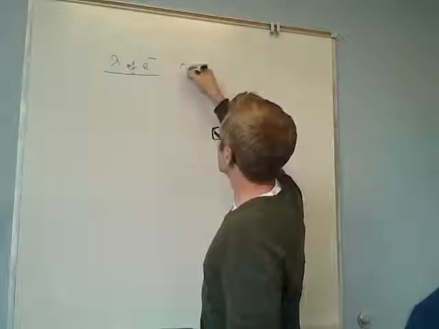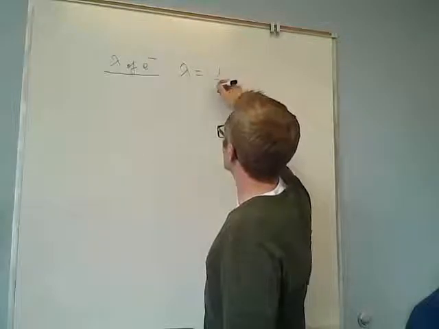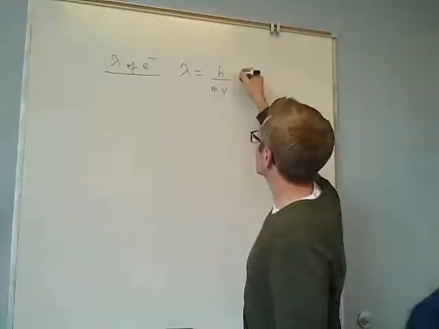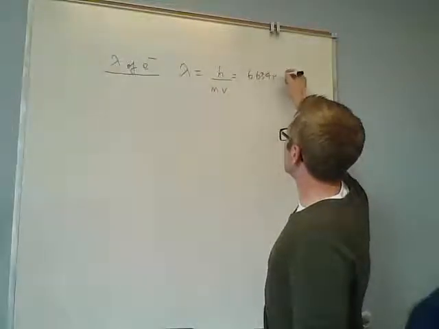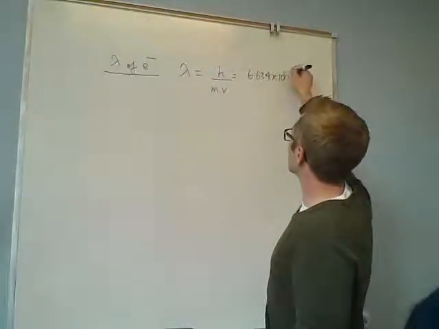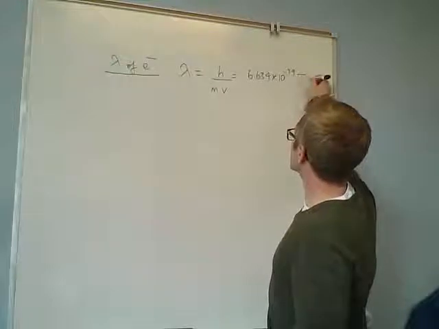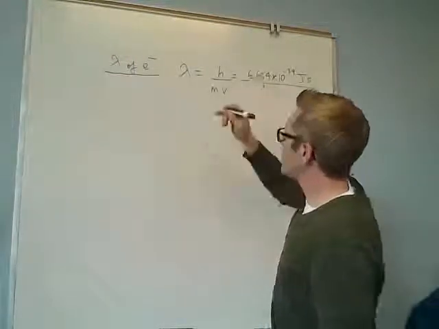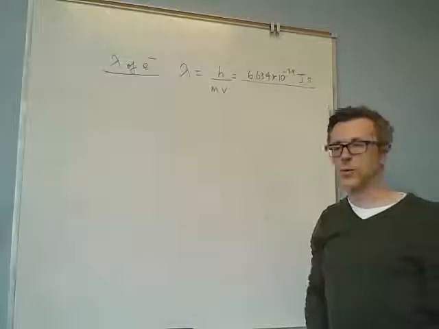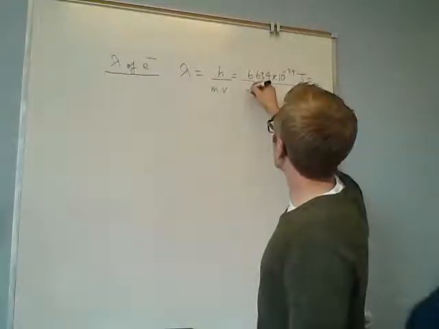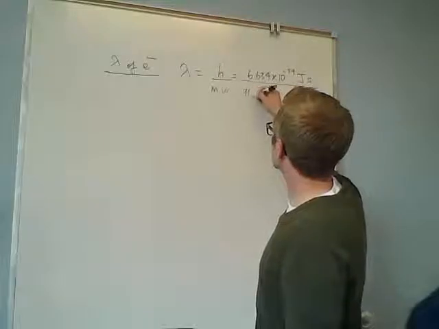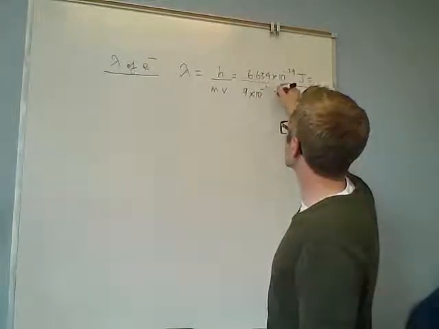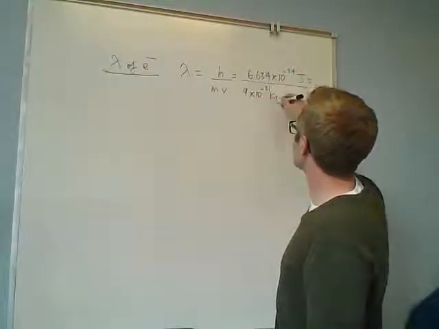So we've got wavelength is h over mv. Now h, remember, is 6.634 by 10 to the negative 34 joule seconds. The mass of the electron you would be provided with if you need to know, but it's around 9 by 10 to the negative 31 kilograms.